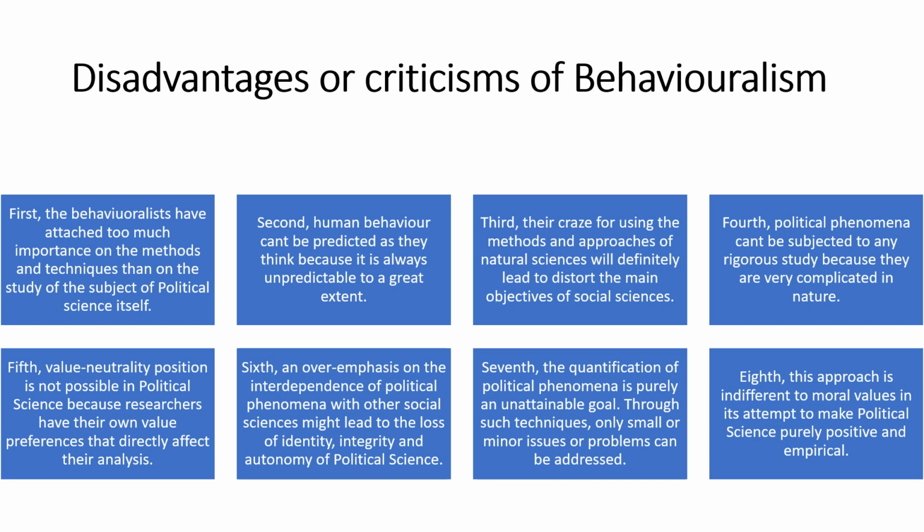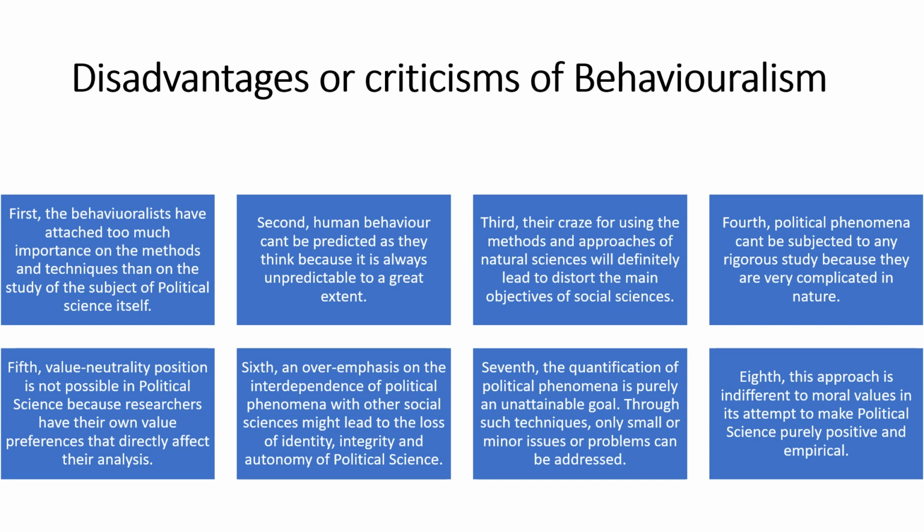Number 6, an overemphasis on the interdependence of political phenomena with other social sciences might lead to the loss of identity, integrity, and autonomy of political science. Number 7, the quantification of political phenomena is purely an unattainable goal, which was tried by the behavioral thinkers.